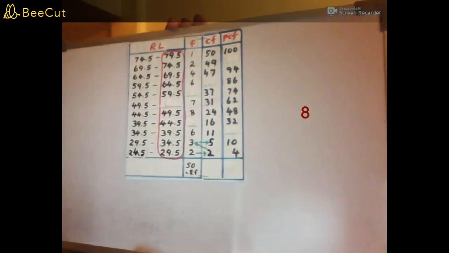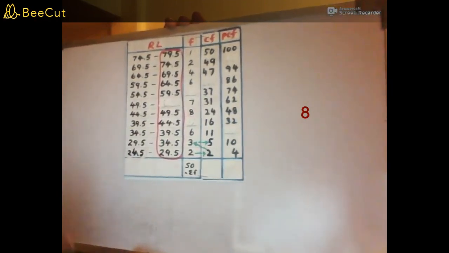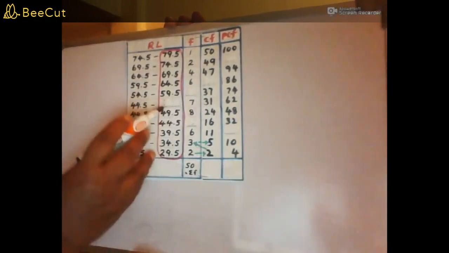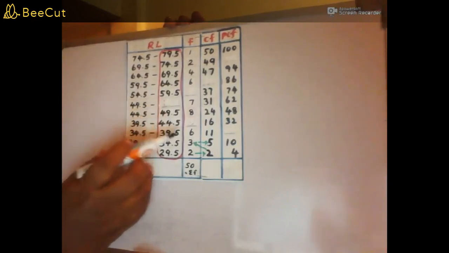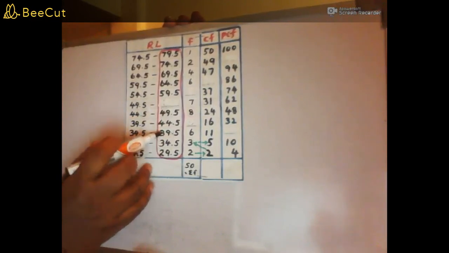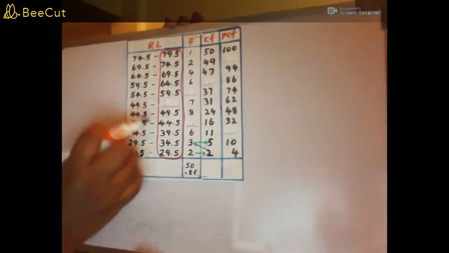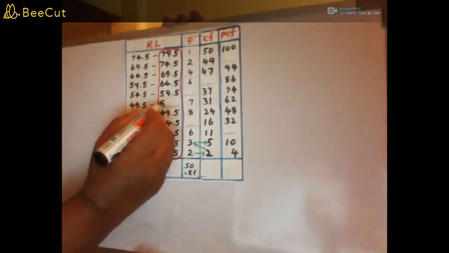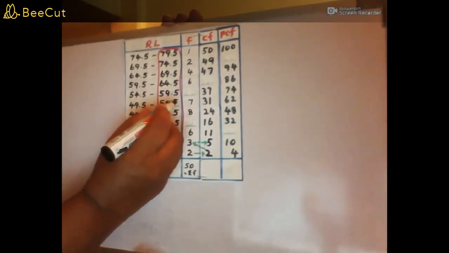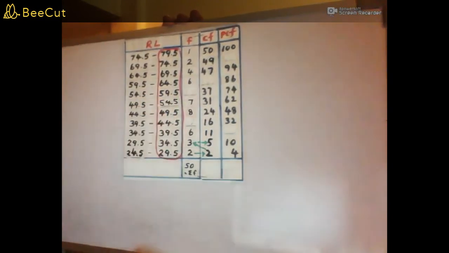Don't worry, it's easy. If they leave out a blank like this, you know how to get this. So 29, 34.5, 39, 44.5, 49. This one should be 54.5. These questions are easy.